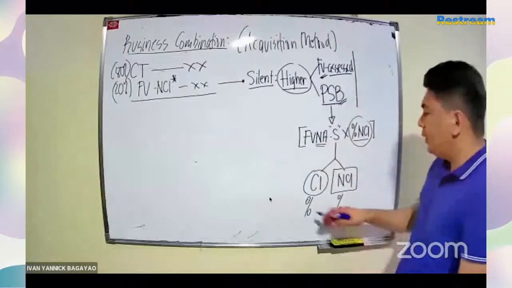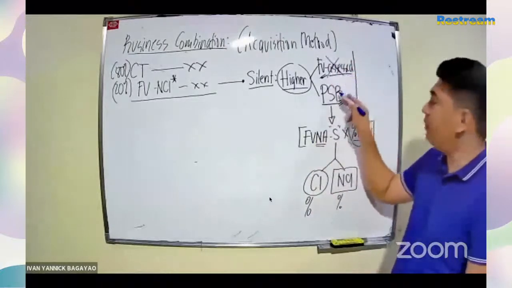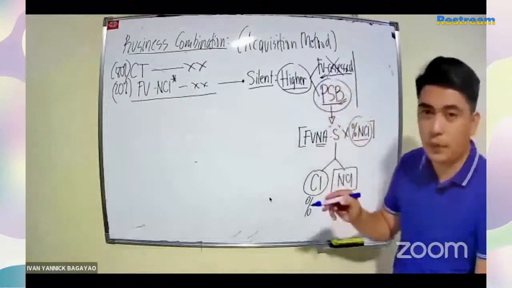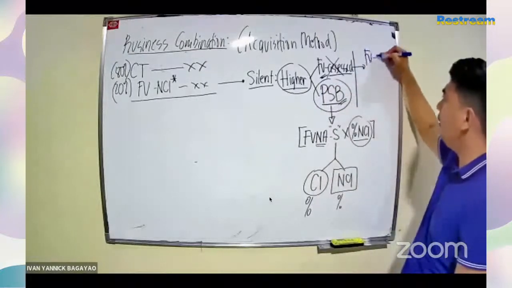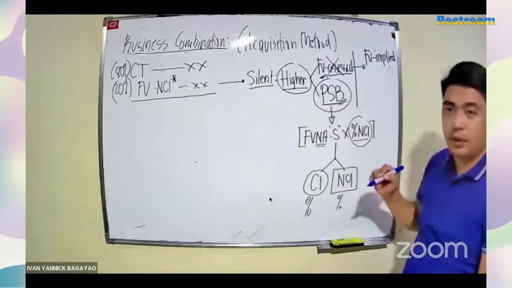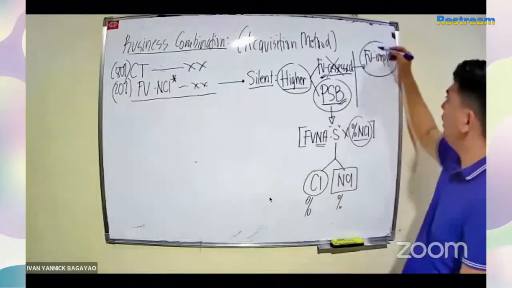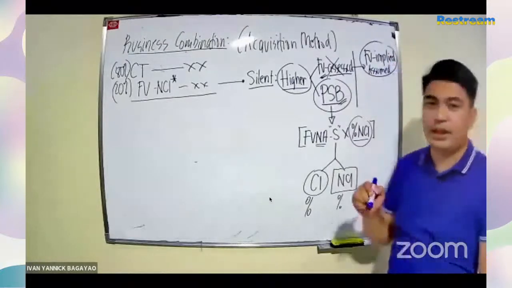Okay. Now, going back, paano pag wala ito? Paano pag walang assessed? Ibig pang sabihin, PSP na agad? The answer is no. Ang gagawin mo class ay magko-compute ka ng FV implied. Okay? Implied fair value or also known as assumed fair value. Okay? Diba ganun ang ginagawa natin?